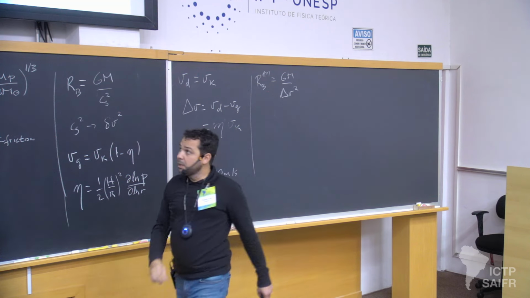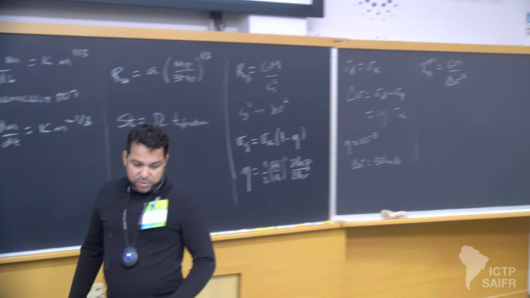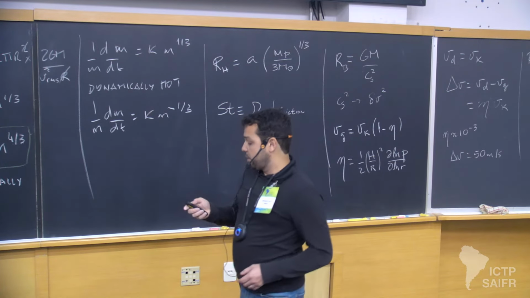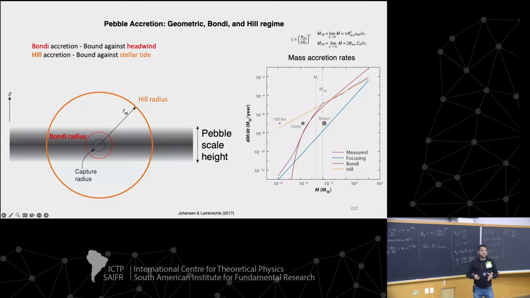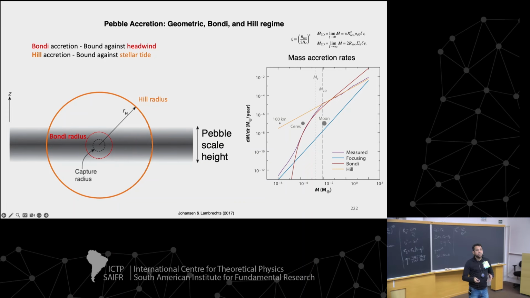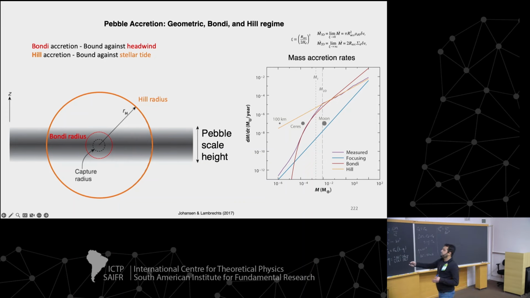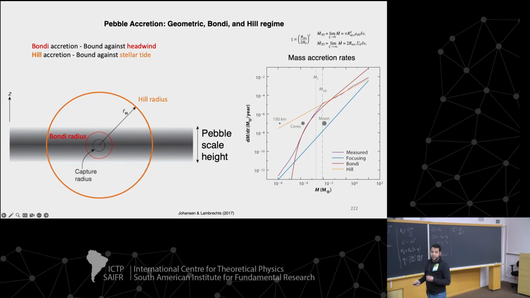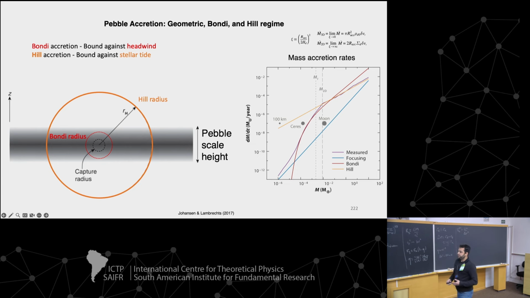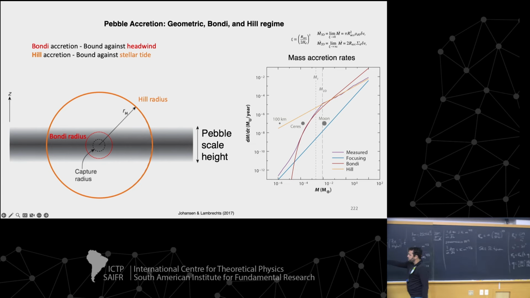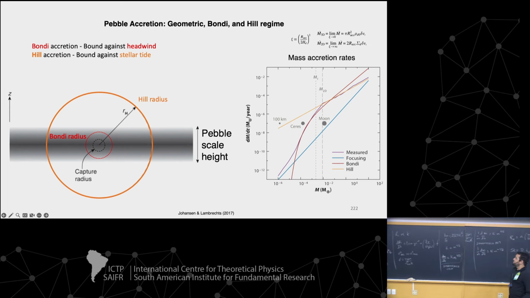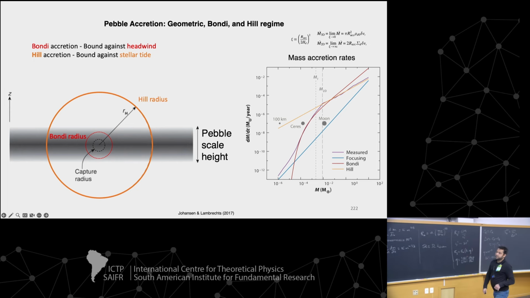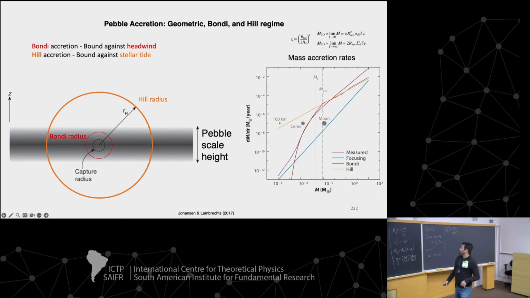So these are the two regimes, or three actually, that we have here. It depends essentially on these three radii and which one of them is the biggest. It could be the capture radius only through gravitational focusing, that cross section that I wrote in the beginning of the class, the Bondi radius, which is this one, or the Hill radius.